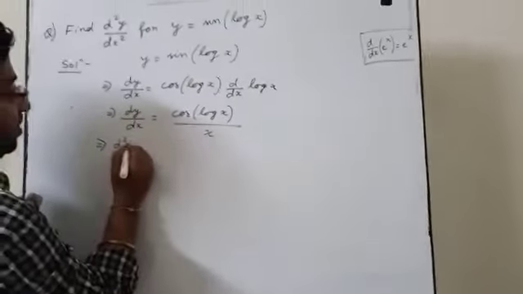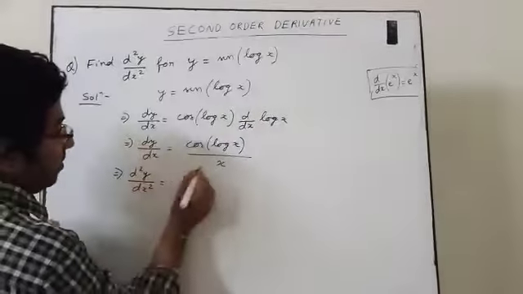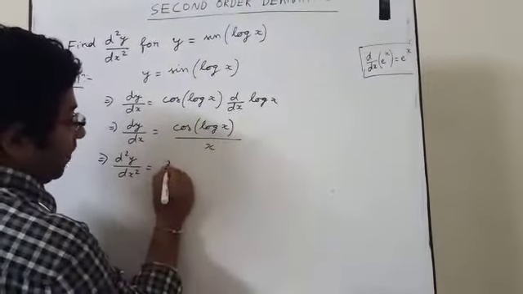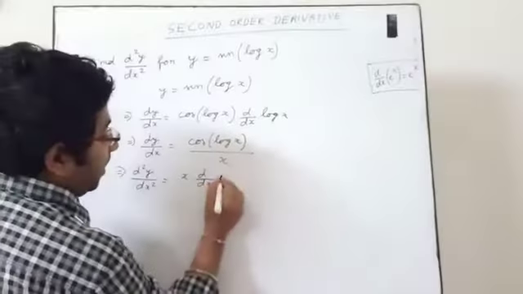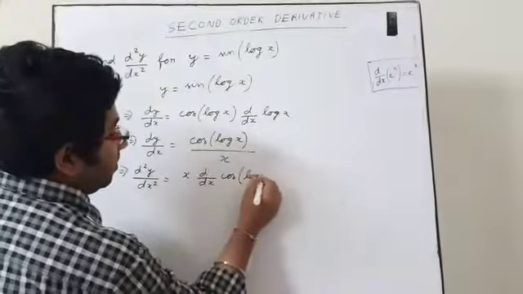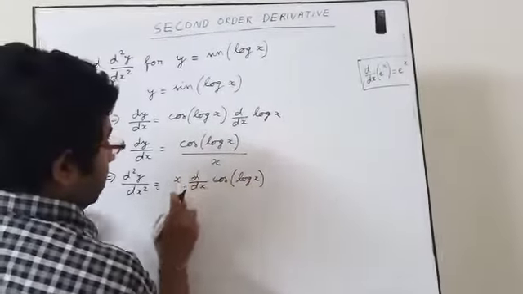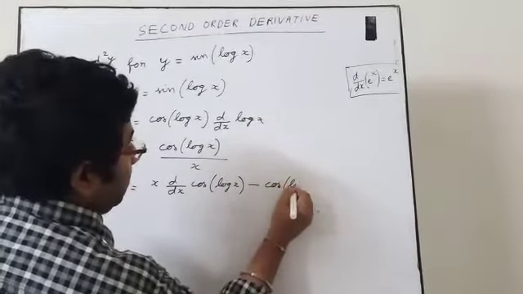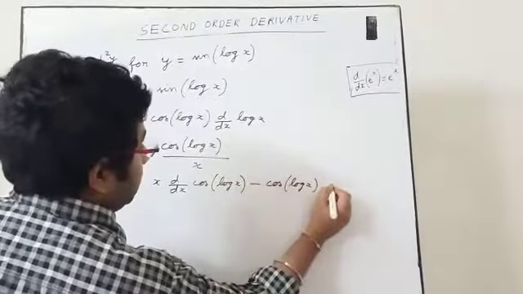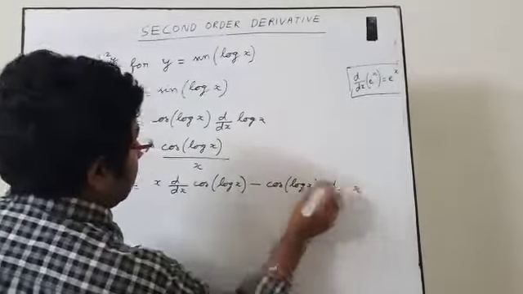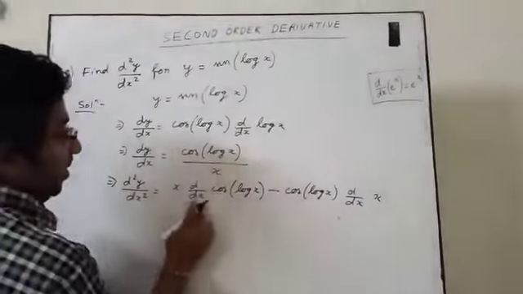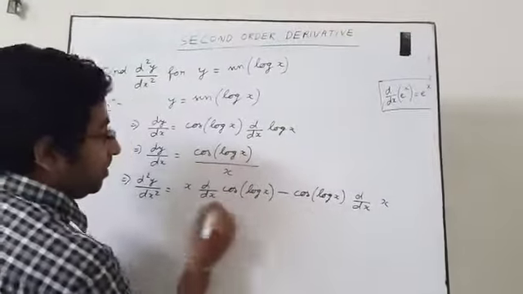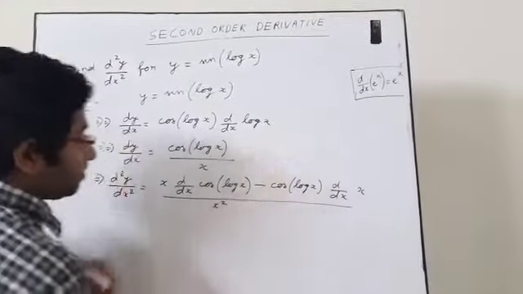Second order d2y by dx squared. This is a division of two functions. So first function into derivative of second function: x into derivative of cos log x minus cos log x into d/dx of x, divided by x squared.